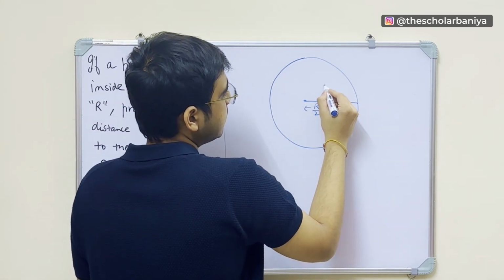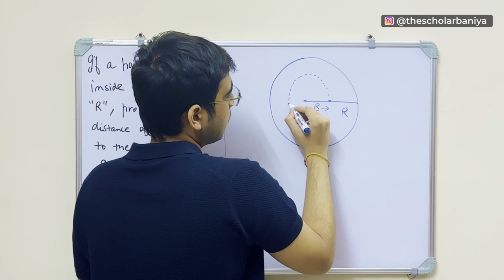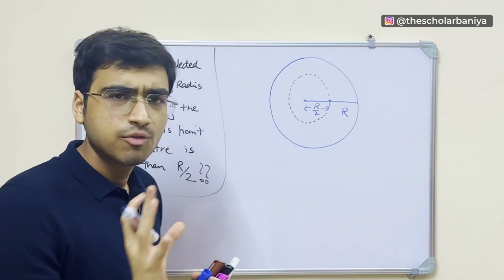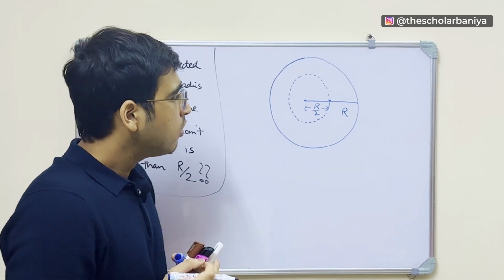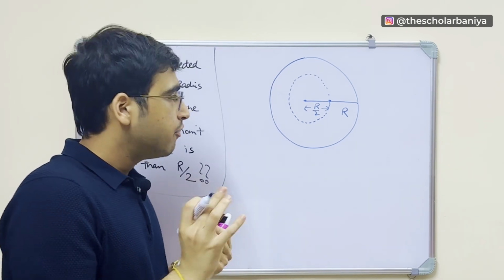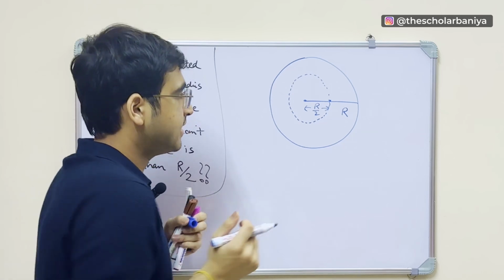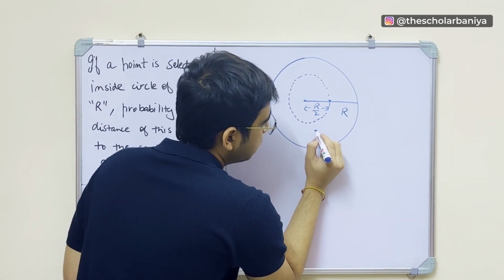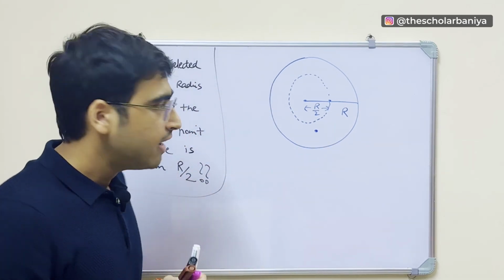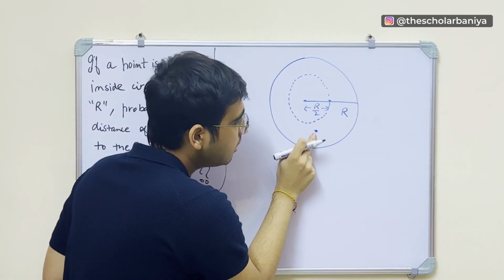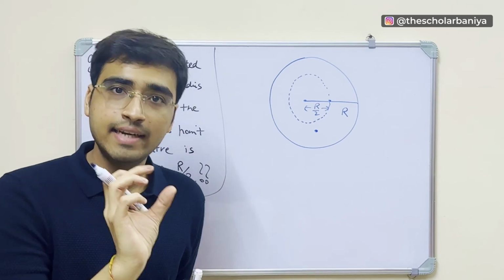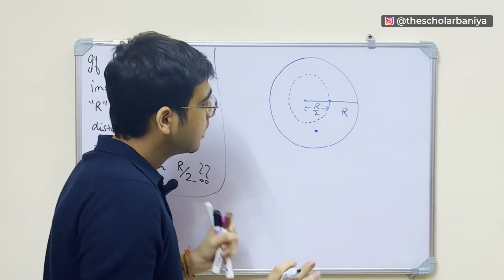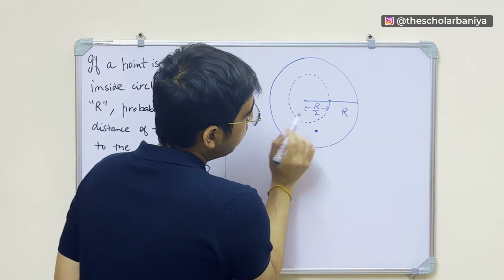So basically, this is the circle with r by 2 as a radius. Now what the question is saying is that we have to select a point. For example, let's suppose we select this point, such that the distance of this point to the center is greater than r by 2. So this is definitely true. Why?